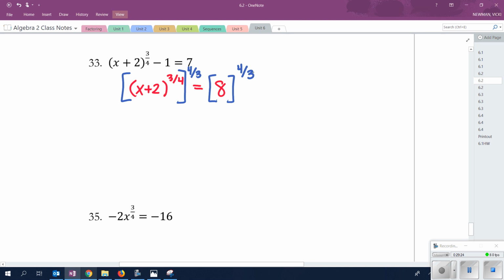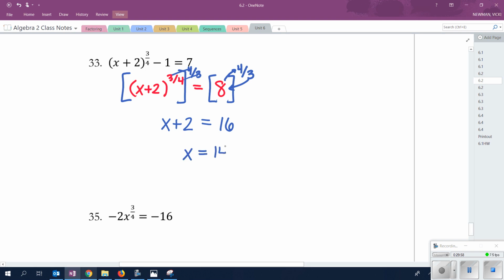Now, we're multiplying the exponents, which gets us 12/12, which is 1. So x plus 2 equals 8 to the 4/3, 16. By the way, cube root of 8 is 2. 2 to the 4th is 16. For those of you that get it, it's a nice little thing to be able to do.